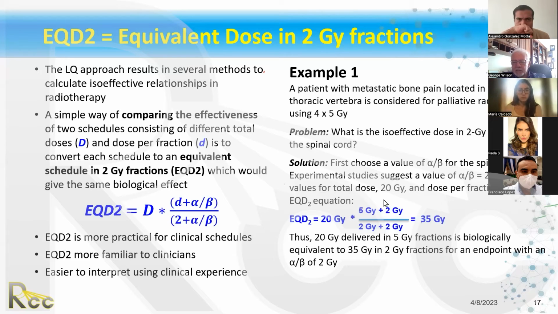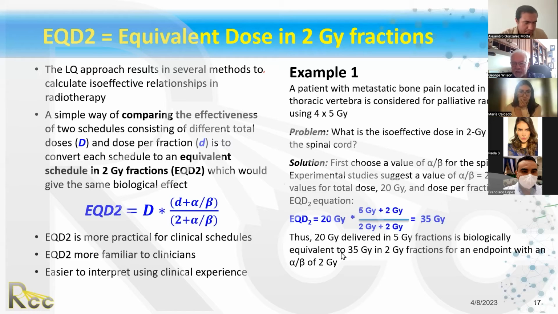So we're going to insert this into this equation. The total dose is going to be 4 times 5, 20 gray. This is our 5 gray per fraction, plus the alpha beta ratio, and we're now dividing it by the 2 gray per fraction plus the alpha beta ratio. Solving this would give us 35 gray. So 20 gray delivered in 4 fractions is biologically equivalent to 35 gray in 2 gray fractions with this alpha beta of 2 for the spinal cord.